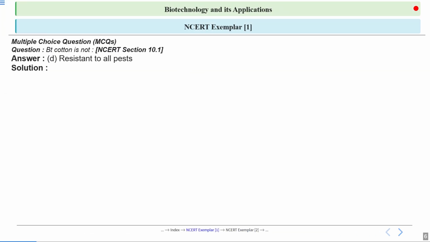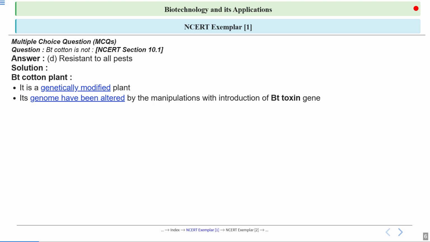So the answer is option D, resistant to all pests. BT cotton is not resistant to all pests. Why? Because BT cotton is, first of all, a genetically modified plant. Its genome has been altered by manipulation, and that manipulation is that we have introduced the BT toxin gene into the plant.